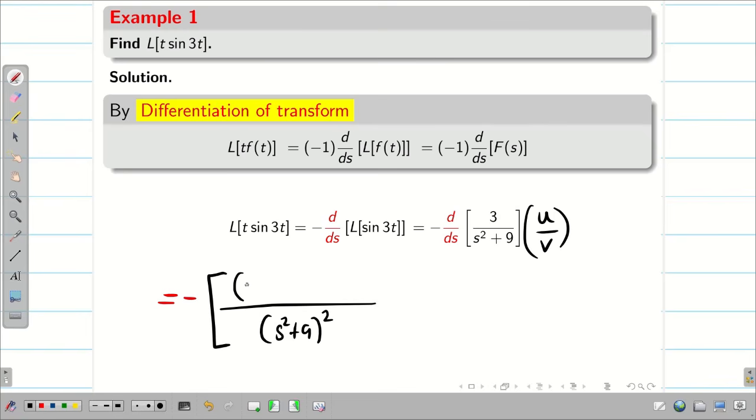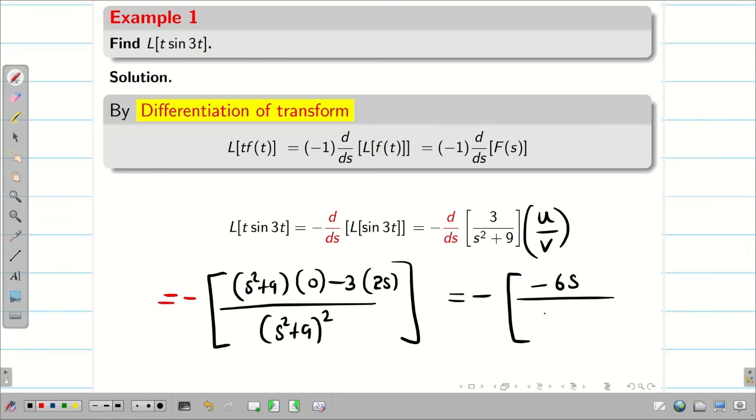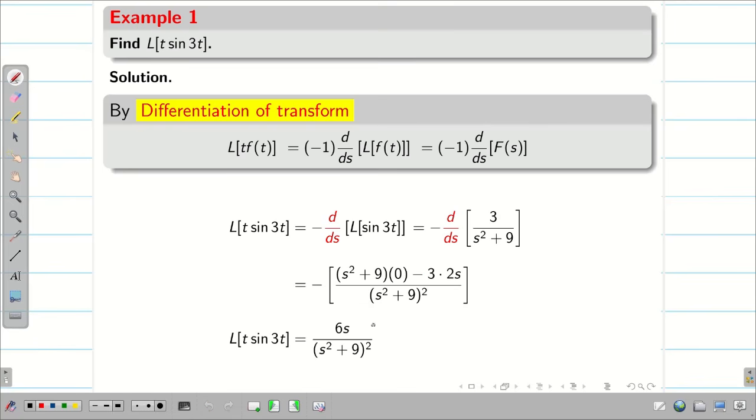This is v square. Then v du: s square plus 9, differentiation of 3 is 0, minus 3 into differentiation of s square plus 9, which is 2s. Simplifying this, we get minus 6s divided by s square plus 9 whole square. Now minus into minus is plus, so we get 6s divided by s square plus 9 whole square.